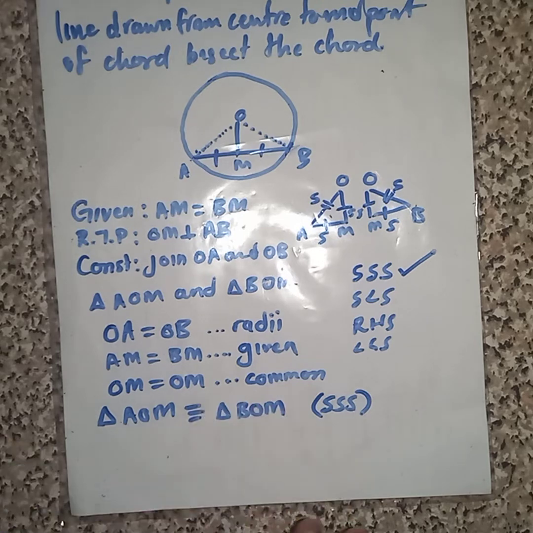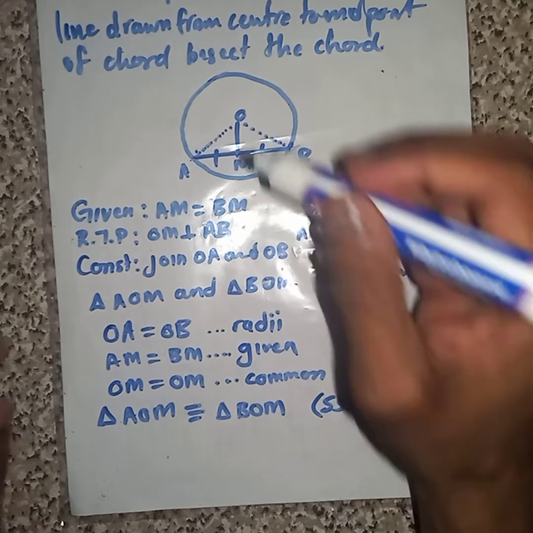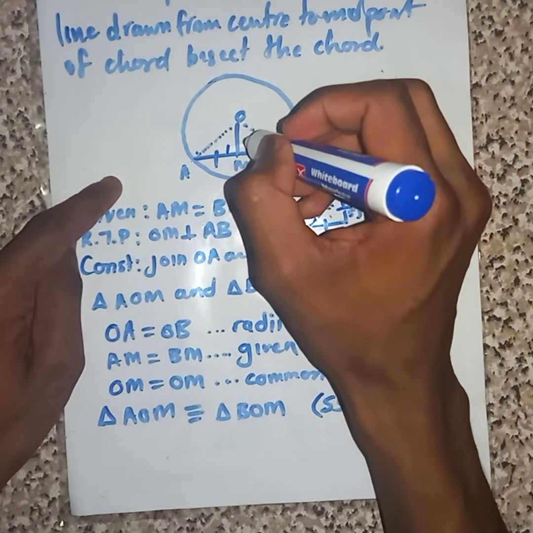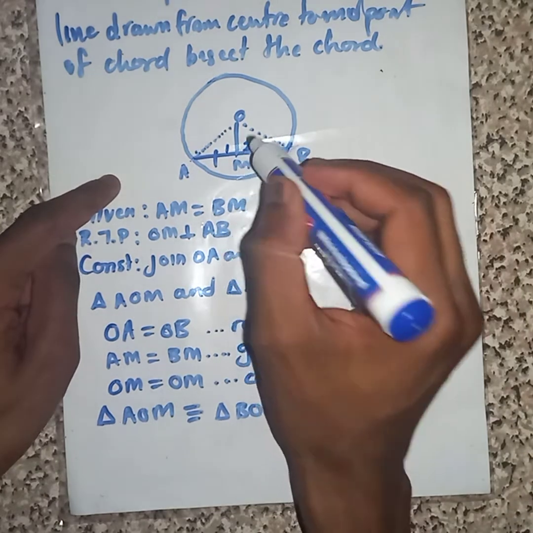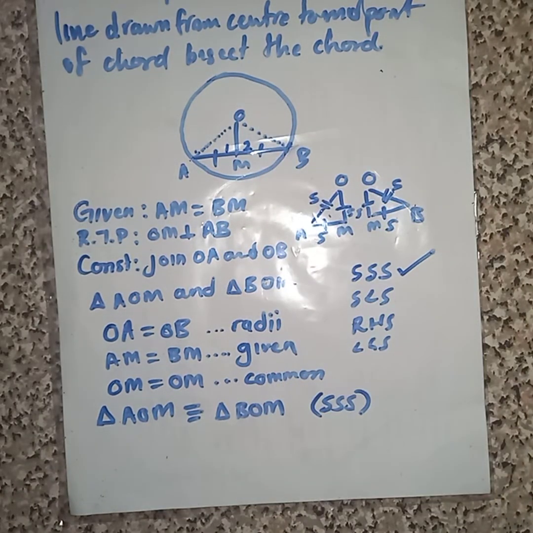But at this point, we haven't yet completed our proof. Let us continue now. Check. I'm going to mark 1 and 2 there. I don't have enough space, but let me try.